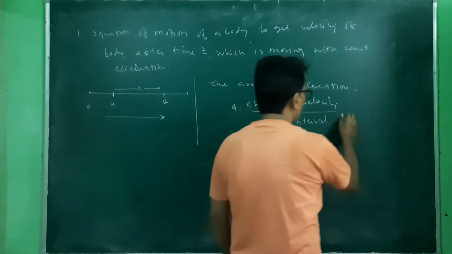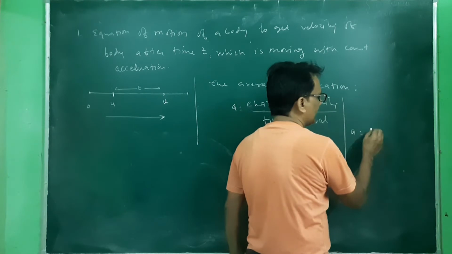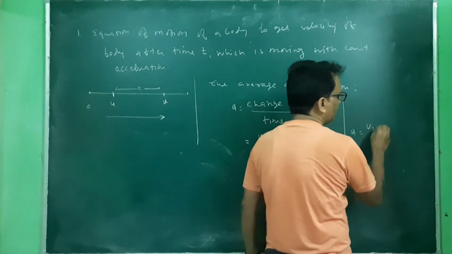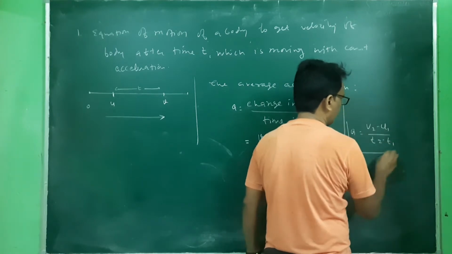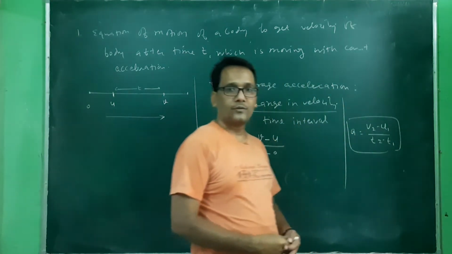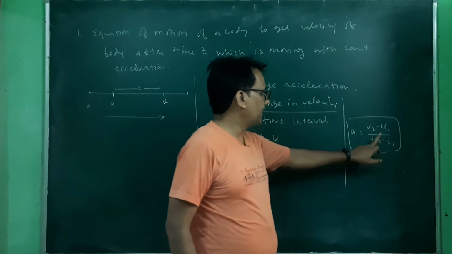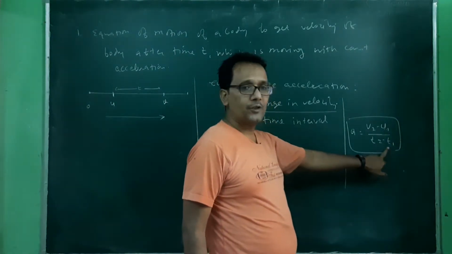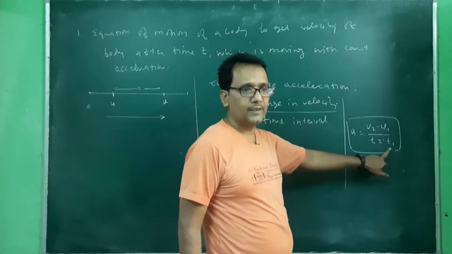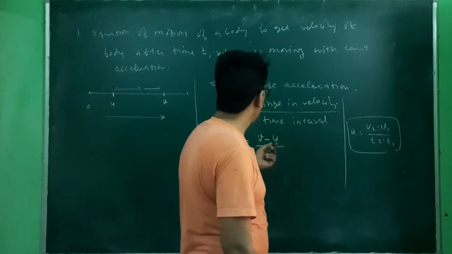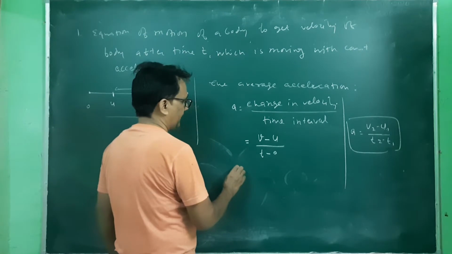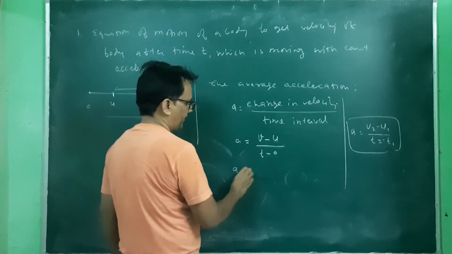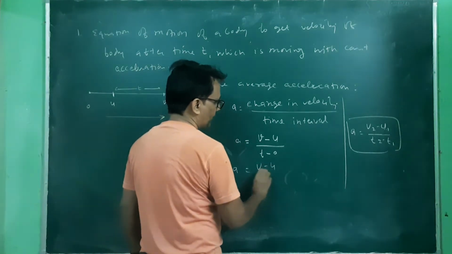So what formula are we using here? We have a equals v2 minus v1 by t2 minus t1. Here t2 is t, t1 is initial, that is 0, v2 the final velocity is v, and the initial velocity is u. So a equals v minus u by t.